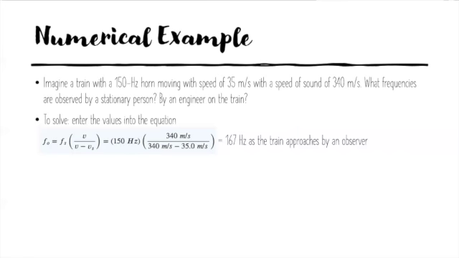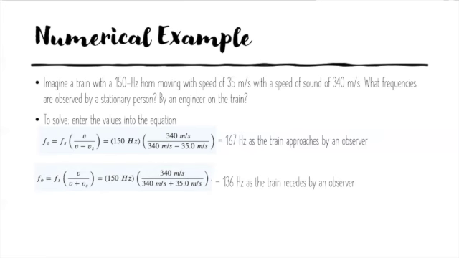As the train recedes, the equation reads F sub naught equals 150 Hertz times the quantity 340 meters per second divided by 340 meters per second plus 35 meters per second. This leaves us with a frequency of 136 hertz.